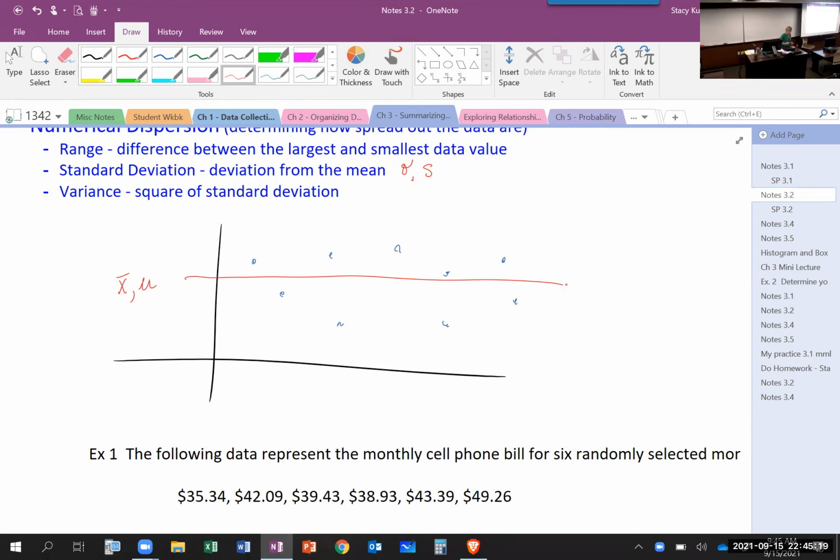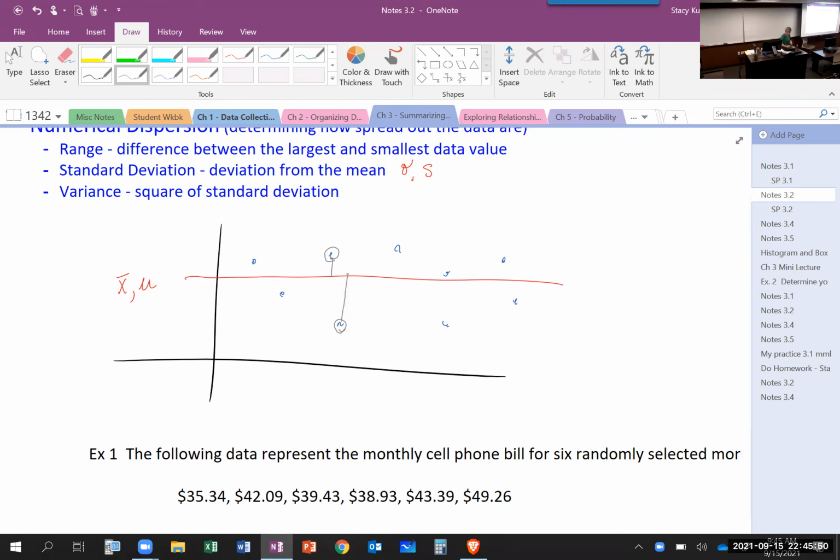Now, if I were to measure the distance from that dot I just circled down to the mean, I would have a positive distance, right? Yes? Okay. Now I can come over here and measure this distance up to the mean. I would have a negative value, but the distance would still be there, right?